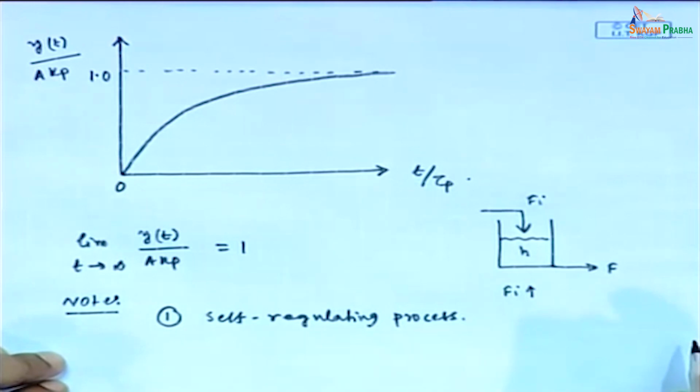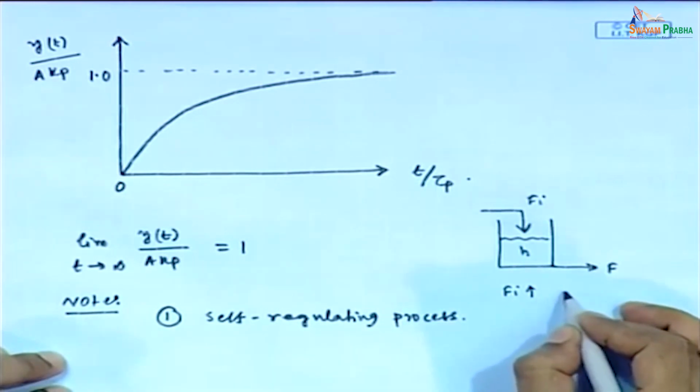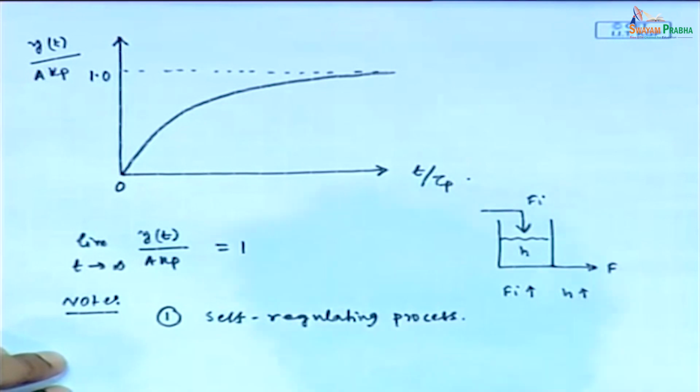So, if F I increases, then what happens? Height increases, fine. Then hydrostatic pressure increases, which in turn increases the outflow rate, fine.